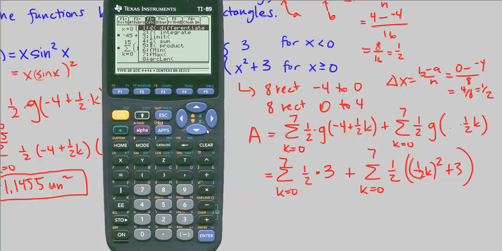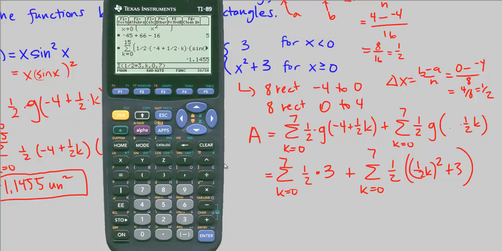Again, F3 to calculate, go number 4 to sum. Our function is just 1 over 2 times 3. We don't even have a k, but our variable is k, so alpha k from 0 to 7.